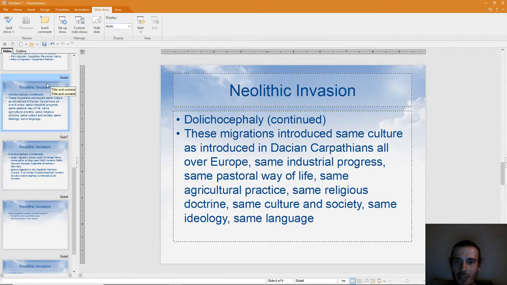These migrations, regardless of which wave it was, introduced the same culture as introduced in the Dacian Carpathians all over Europe. Same industrial progress, same pastoral way of life, same agricultural practice, same religious doctrine, same culture and society, same ideology, same language, the Proto-Latin or Pelasgic.